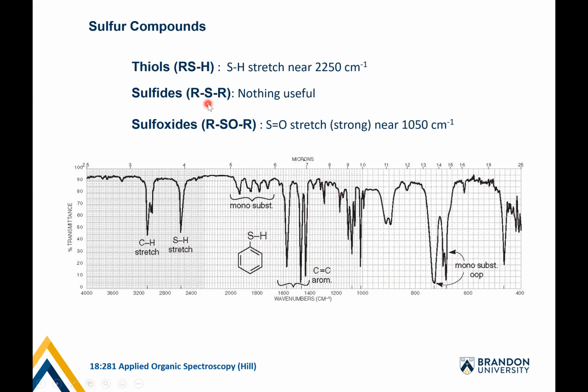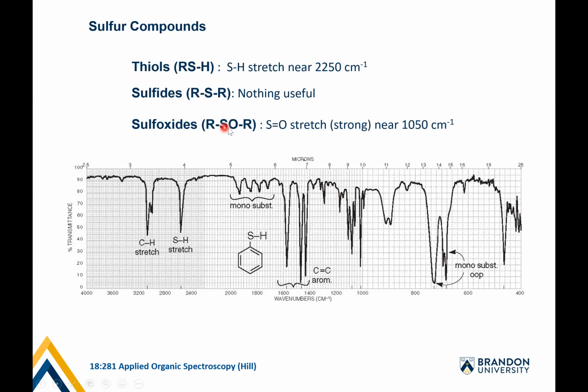When you change the SH bond to an S-carbon bond, there's nothing useful. Much like the ethers, there's not a whole lot to look for, but at least with the ethers you have a carbon-oxygen bond to look for.